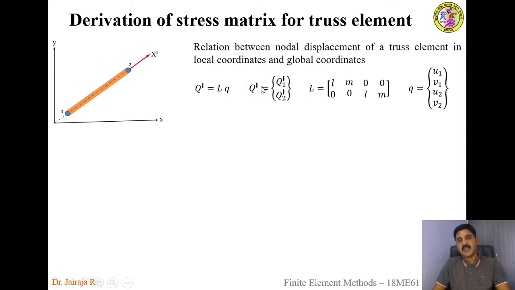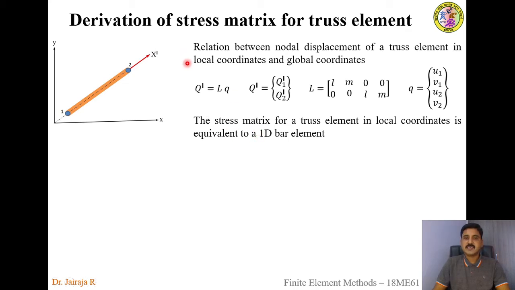So we know that q dash is q1 dash, q2 dash. L is the transformation matrix, contains direction cosines, and small q contains the displacement vectors. So at node 1 displacement u1 and v1, at node 2 u2 and v2.